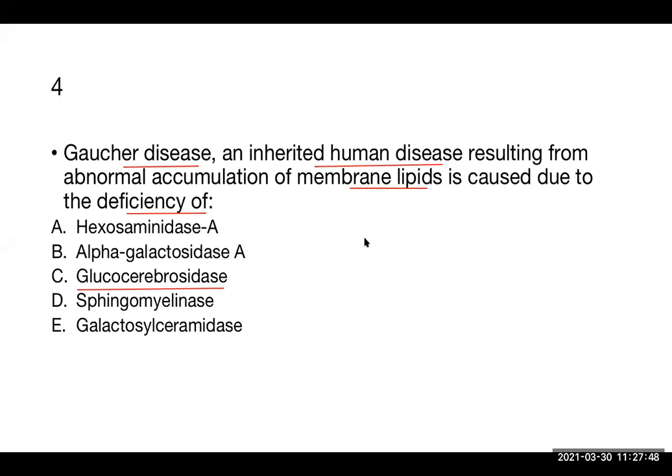Now, Gaucher disease is such a type of disease, especially in the pediatric age group. It manifests in the pediatric age group, and a lot of organs are infiltrated by these abnormal lipids. Because of this, mainly the central nervous system and reticuloendothelial system are affected.